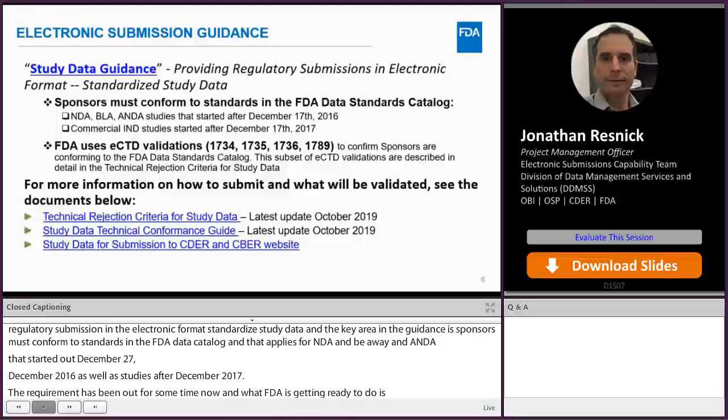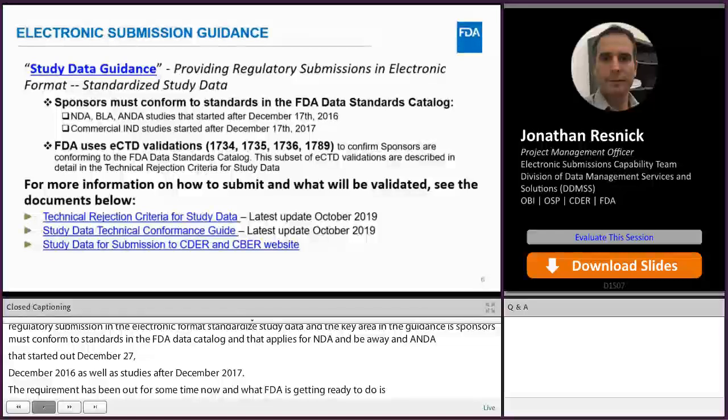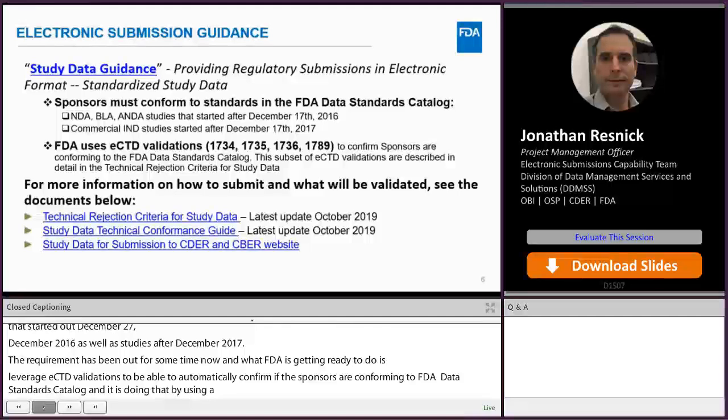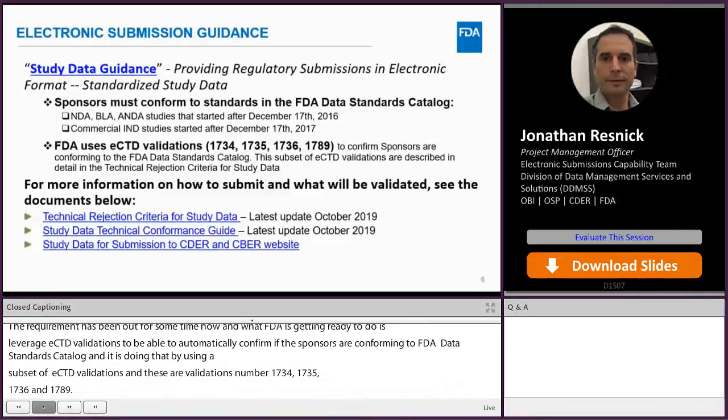It's doing that by using a subset of eCTD validations, and these are validation numbers 1734, 1735, 1736, and 1789. These validations are described in great detail. There's quite a bit of transparency around this check in a document called the Technical Rejection Criteria for Study Data. We have a hyperlink to that below.